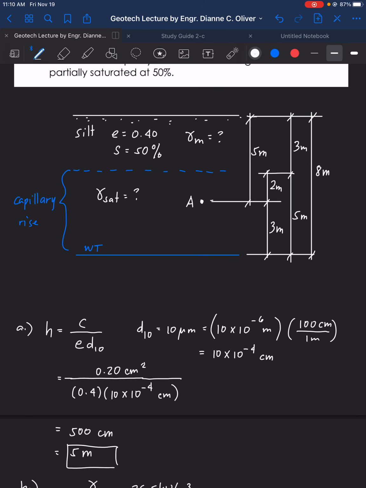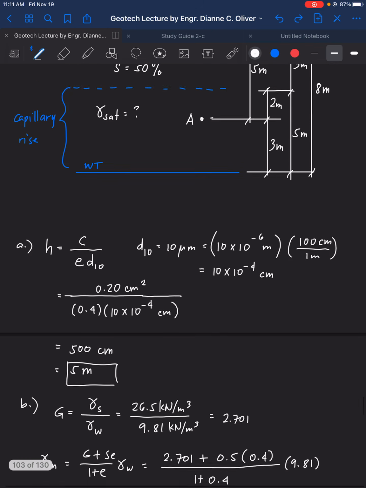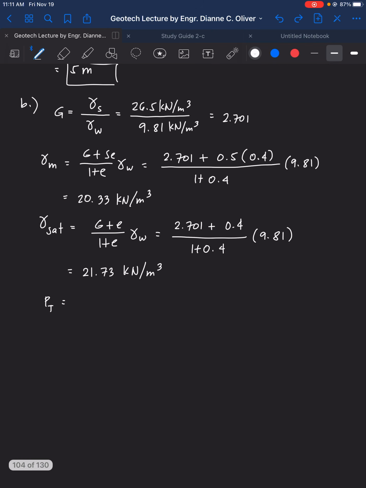Alright? So P total for point A is gamma M times 3 plus gamma sat times 2. So gamma moist is equal to 20.33 times 3 plus 21.73 times 2.